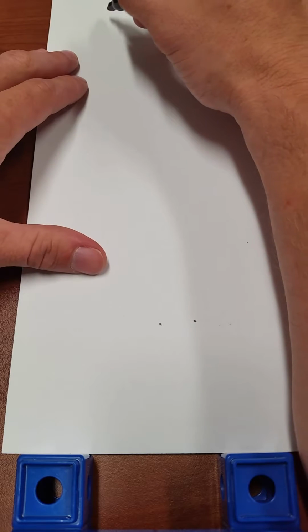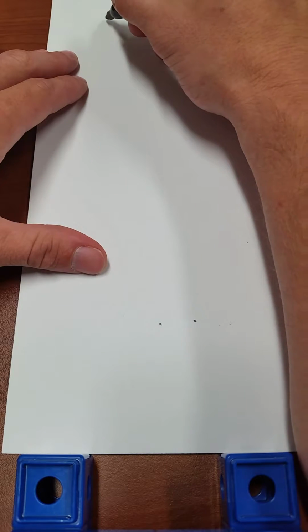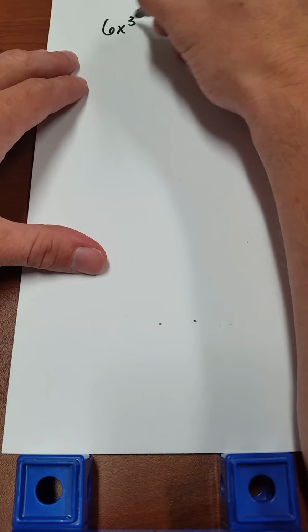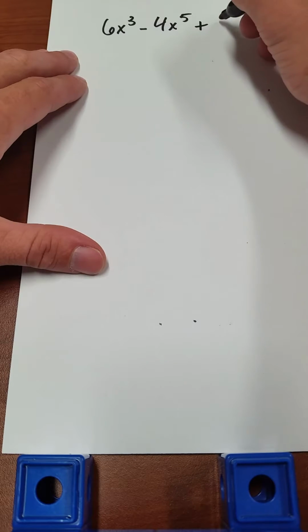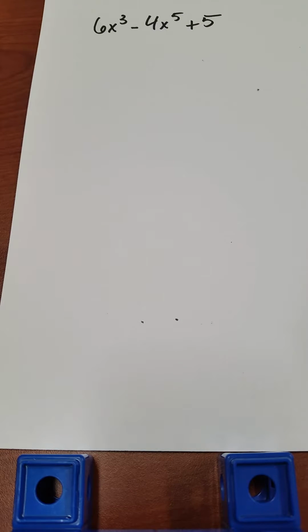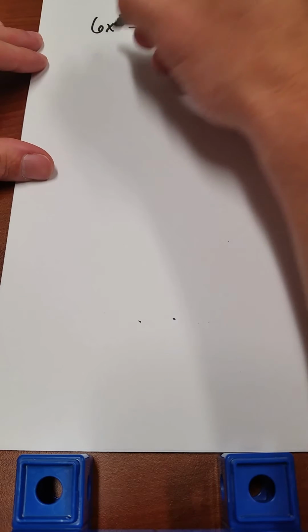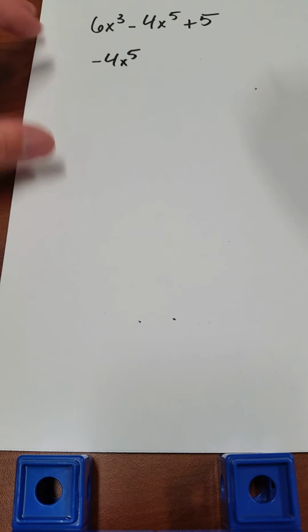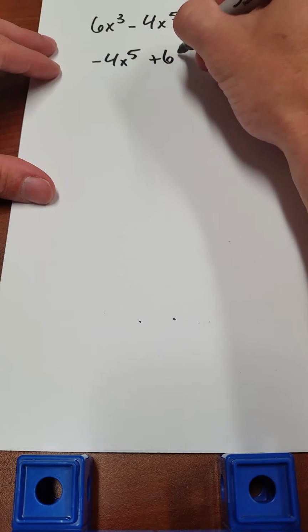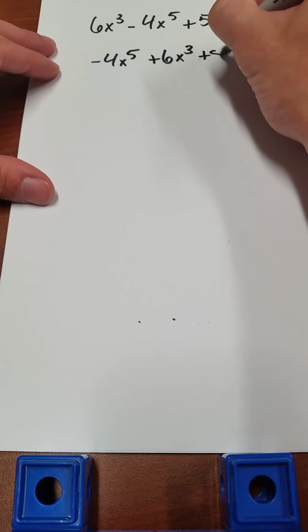Let's do one more problem. Okay, first of all, let's put it in standard form. So go ahead and put it in standard form for me. Okay, standard form, highest to lowest, highest exponent is 5. So that's negative 4x to the 5th. The next highest exponent is my x to the 3rd, so plus 6x to the 3rd, and then plus 5.